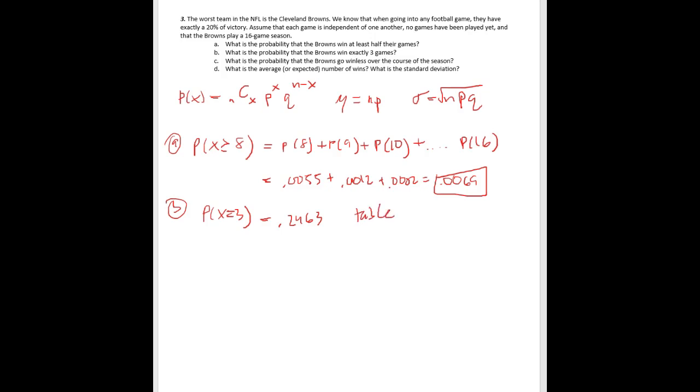But if we wanted to practice using our formula, because I might ask you to do it using the formula on the test, the probability that X is equal to 3 would be 16 choose 3, times 0.2 to the 3, times 0.8 to the 13, and that further equals 0.2463. For 16 choose 3, you don't have to go through the big formula.